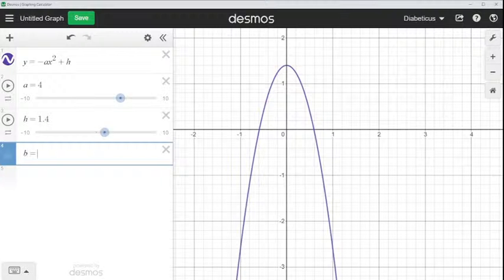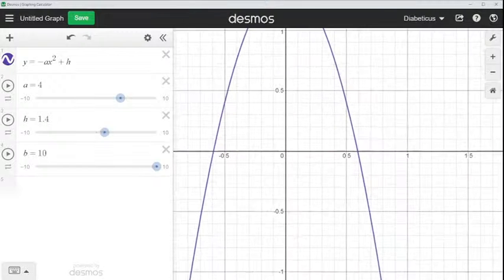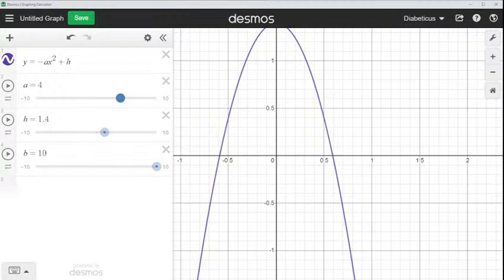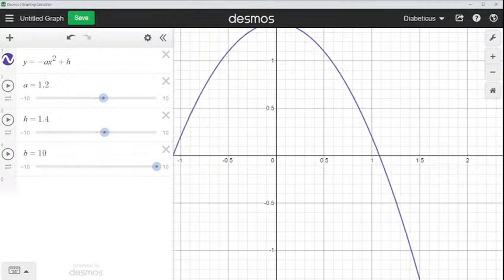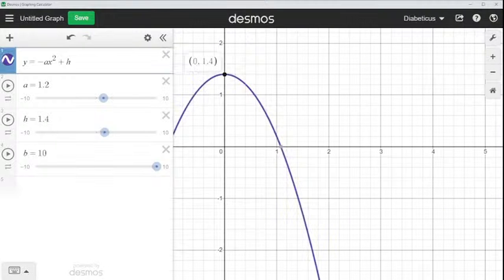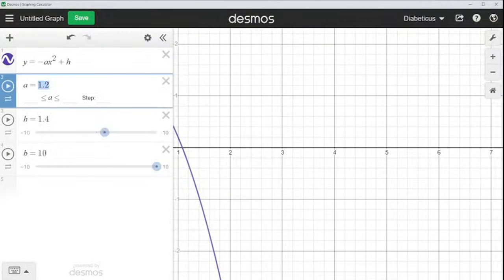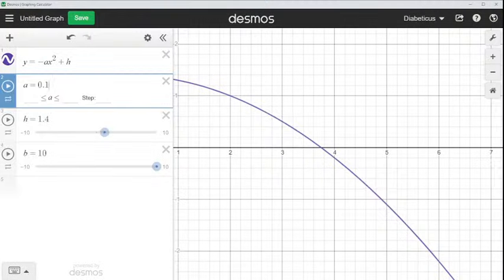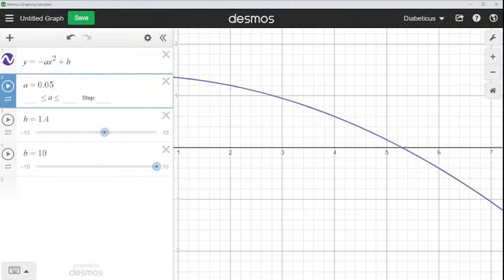Okay, let me do another variable. Okay, what if the base were 10? Like this was 10 wide, then a is gonna be this. Okay, it's when one side reaches 5 over here, right? So something like this.